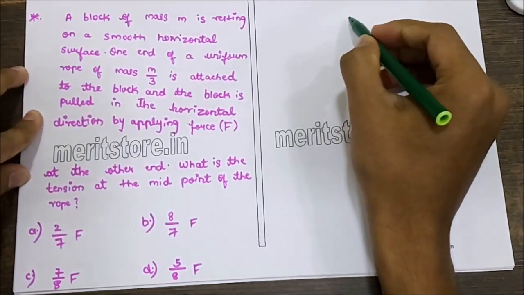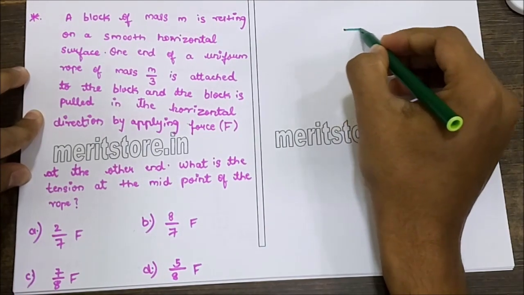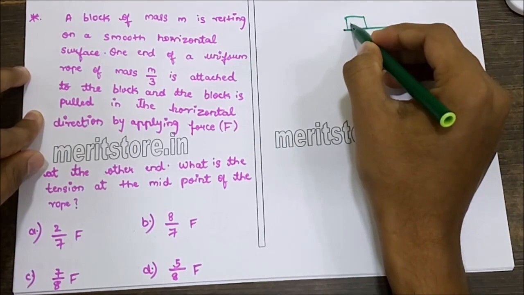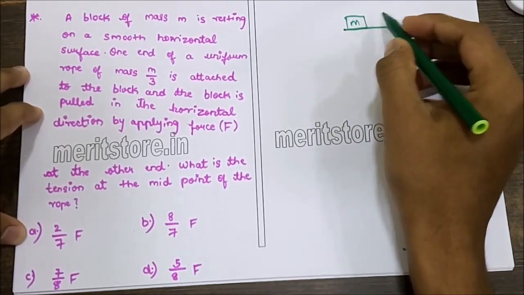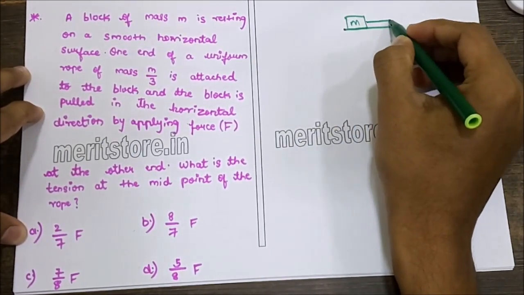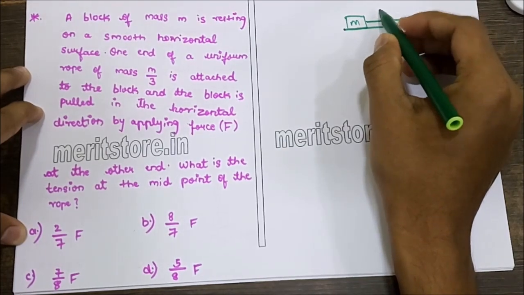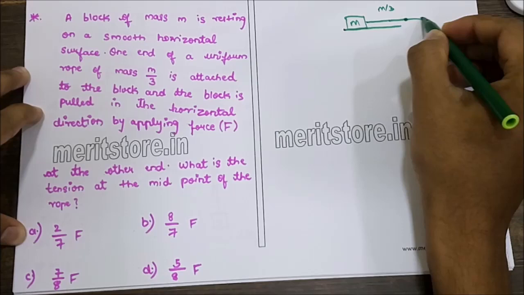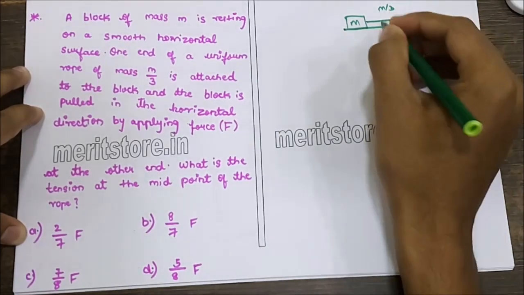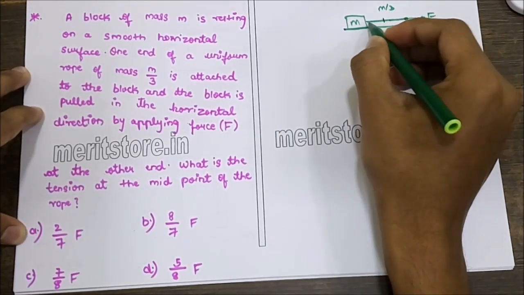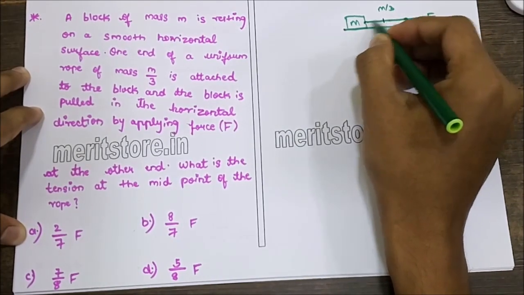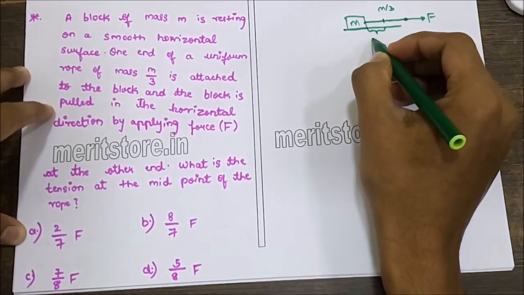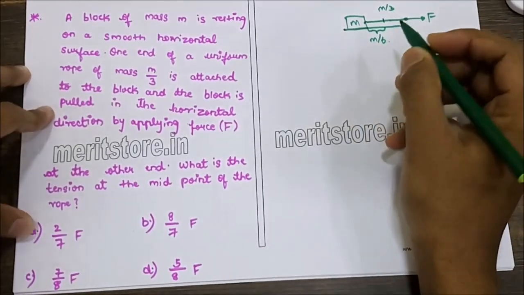Now, let us draw a diagram for this sum. This is a block of mass m and a uniform rope of total mass m by 3 is pulled by a force F. Now at the midpoint, the mass of half the rope would be m by 6.